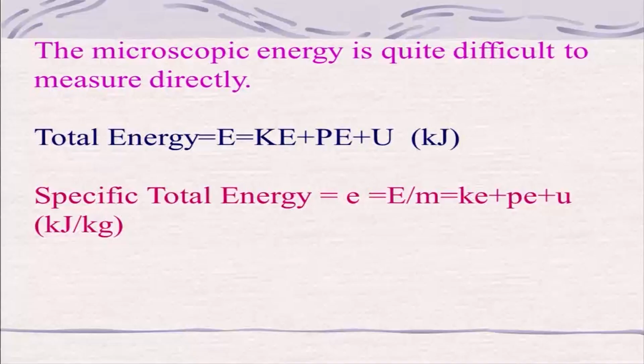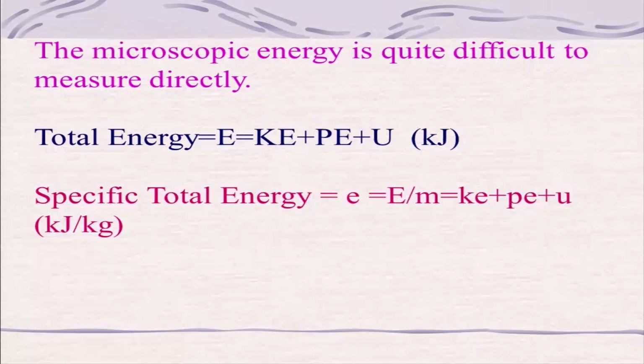And the total energy we will be talking about is not only the internal energy, but also the potential energy and kinetic energy. Potential energy need not be confined to only gravitational potential energy, but it can be due to other things.